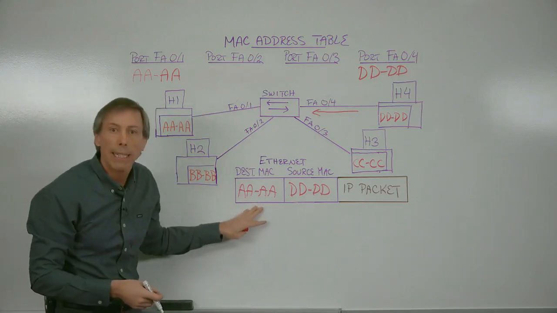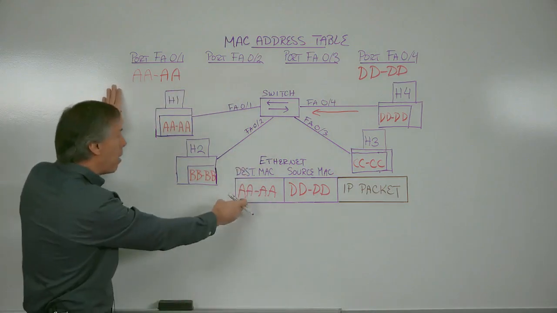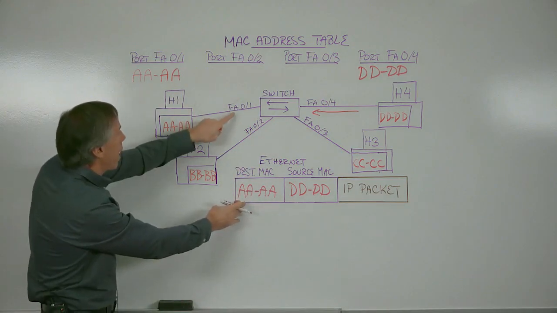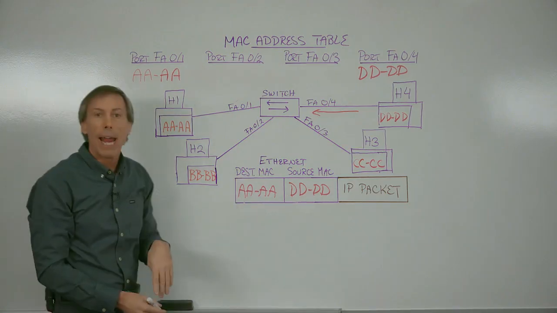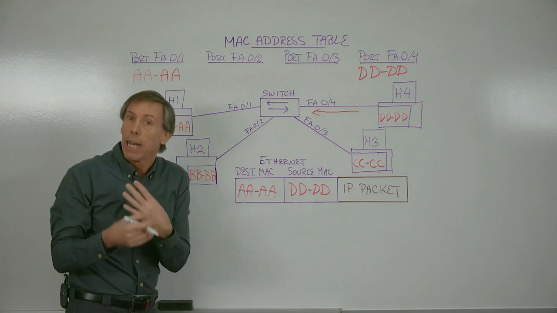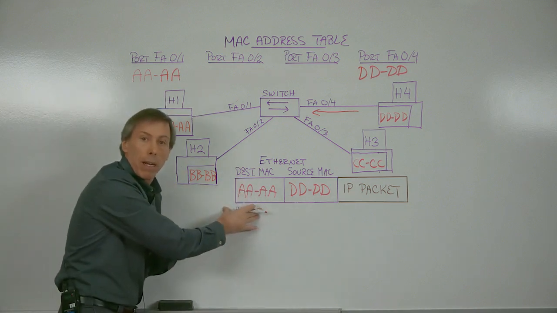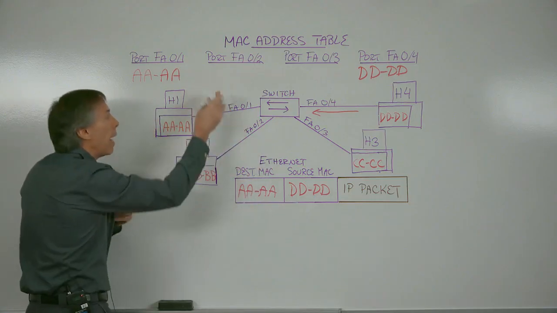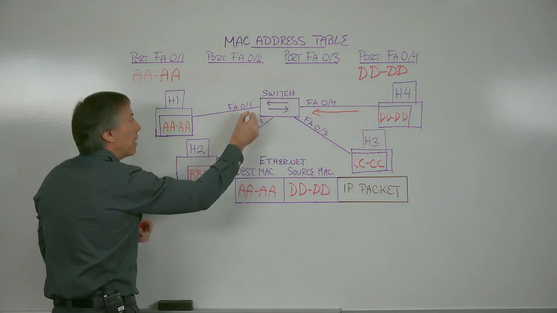Do I know where the destination MAC address is? And it looks it up and says, yeah, I know that's on my Fast Ethernet 01 port. So in this case, it knows where this destination MAC address is, and it can filter the frame and just send it out this single port.